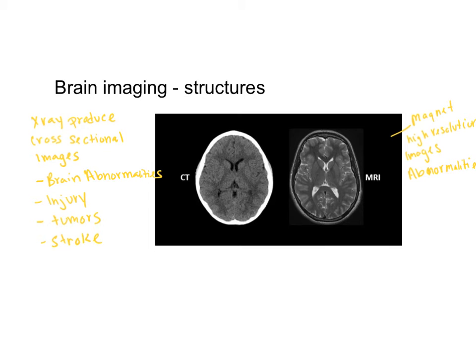The pros of either of these, CT or MRI, is it is going to show us pictures of the brain structure. But the con is that it does not tell us what the brain is doing.